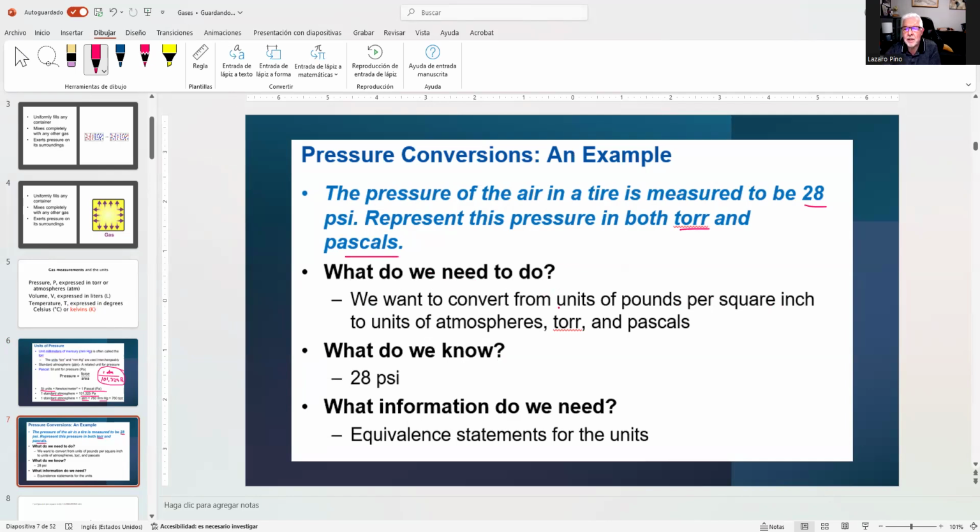First, we want to convert from units of pounds per square inch to units of atmosphere, torr, and Pascal. What is given is 28 PSI. What information do we need? Well, the equivalence statements for units.